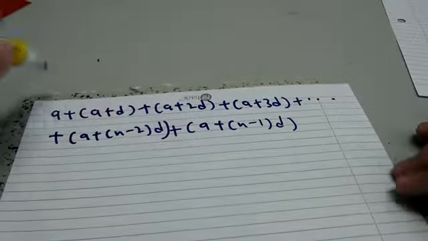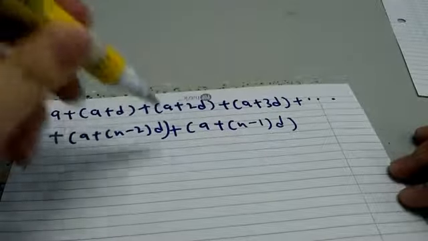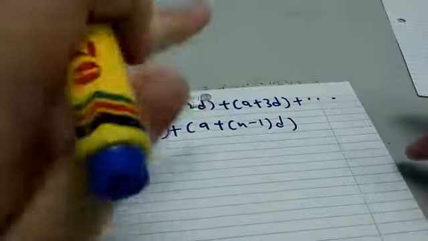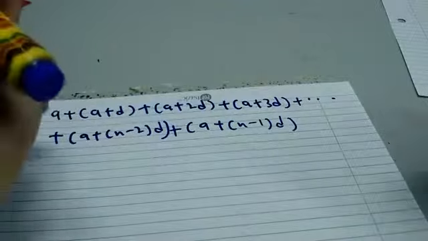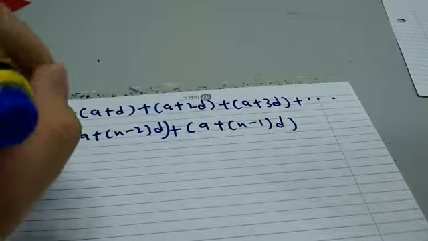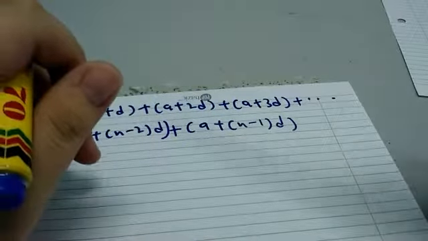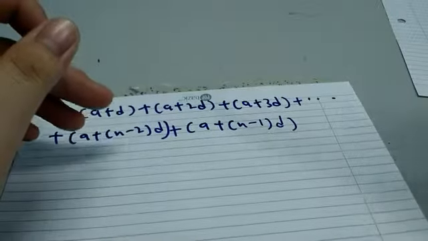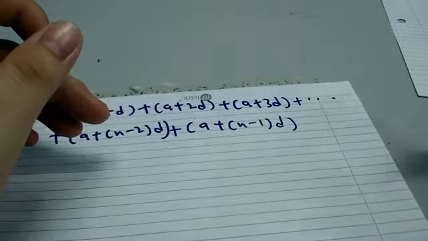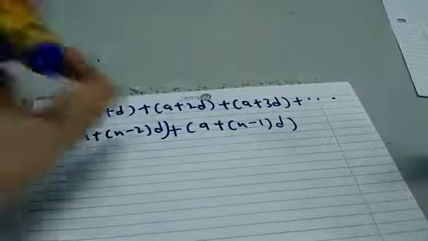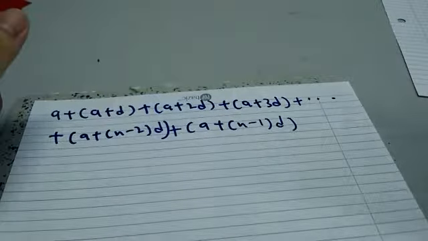Now look at this. I have a plus d, plus a plus 2d, until a plus (n minus 1) times d. And how many terms can we get?